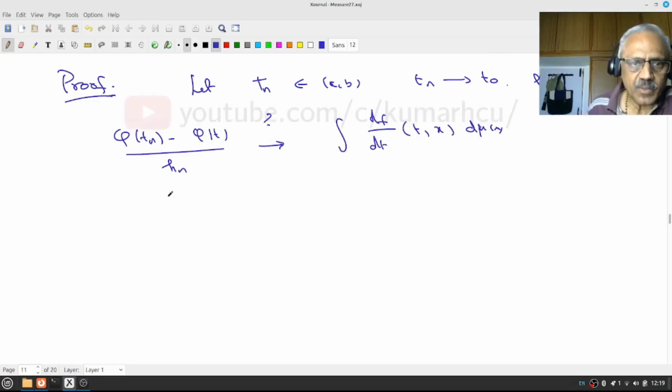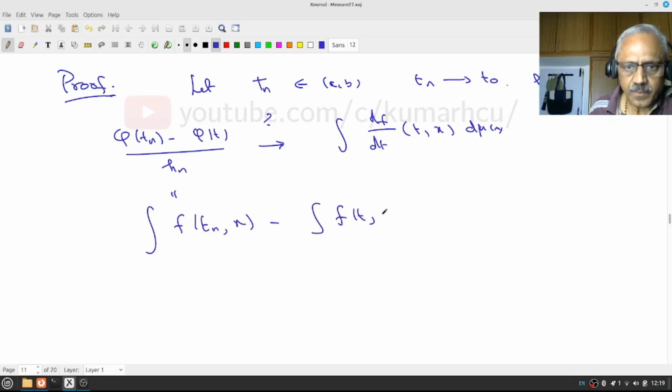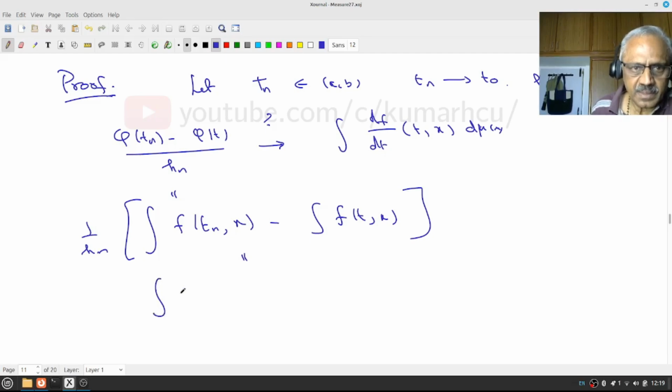Okay, but what is this fellow? This fellow is f of Tn x minus integral f of tx, and Hn is common, therefore 1 by Hn, d mu x. But this is nothing other than the integral of. Are you following?